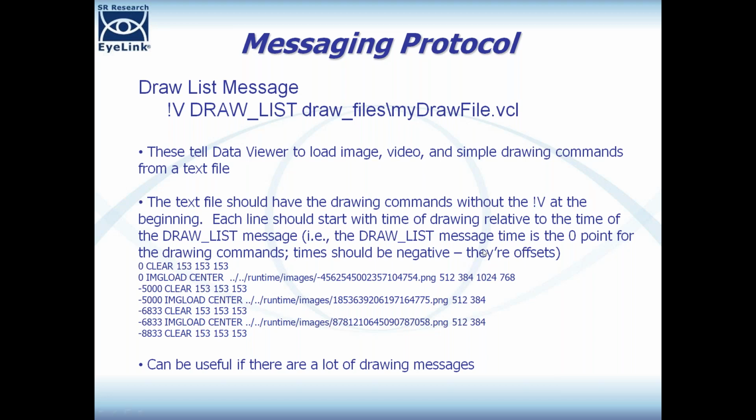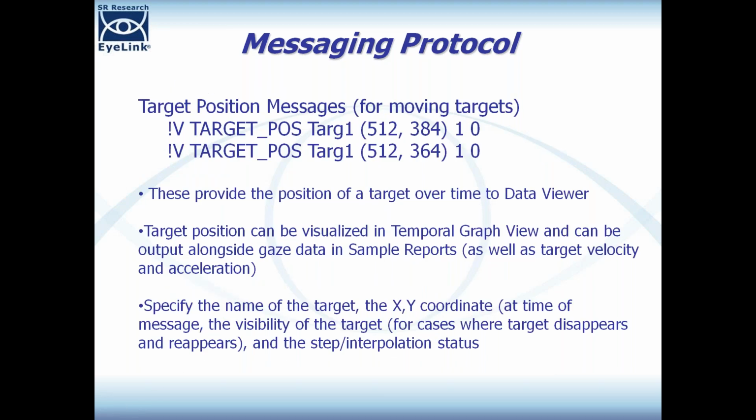And since they're offset values, which we'll come back to later, if they are happening after this initial event, then they need to have negative values. And the reason for that is because this time value gets subtracted from the timestamp of the initial message to determine the time when it occurs. So make sure to use negative values here. Okay, so that's a draw list message.